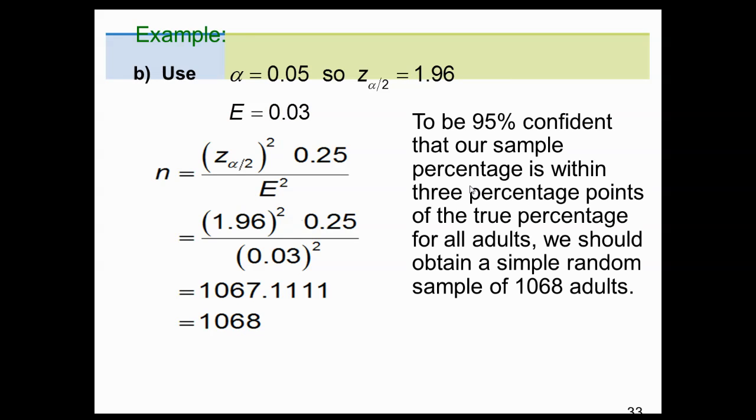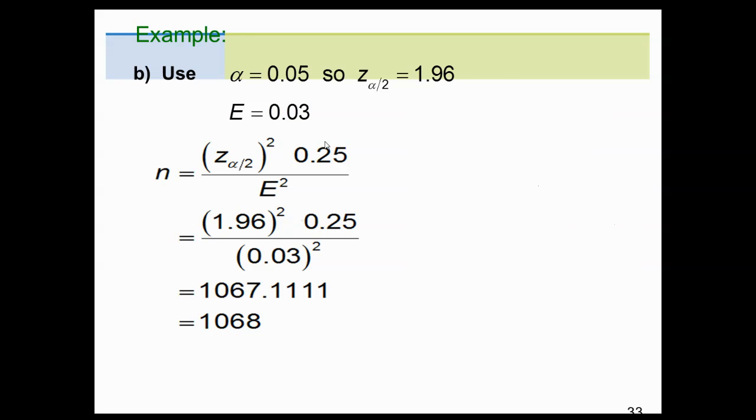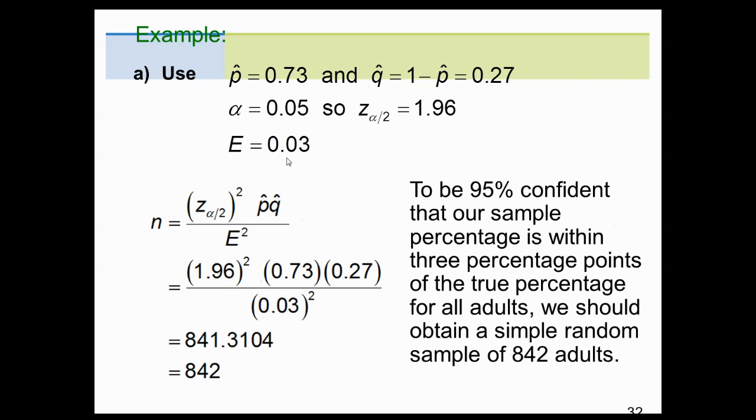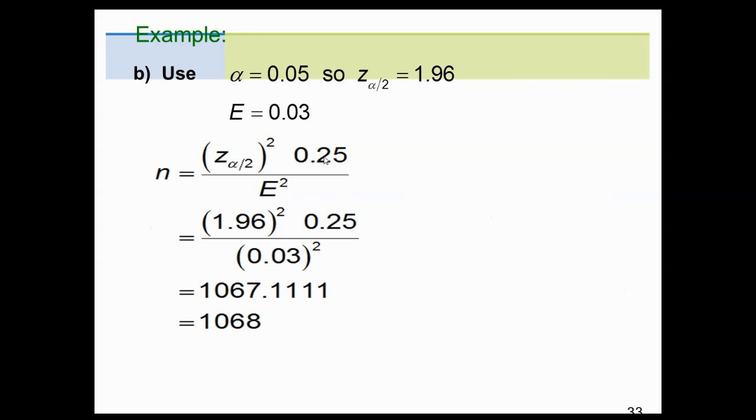So in part B, we don't know what p hat is. If we don't know what p hat is, we use 0.5 for p hat and 0.5 for q hat. So when I multiply 0.5 times 0.5, that's where I'm coming up with this 0.25. This is the product of 0.5 and 0.5.